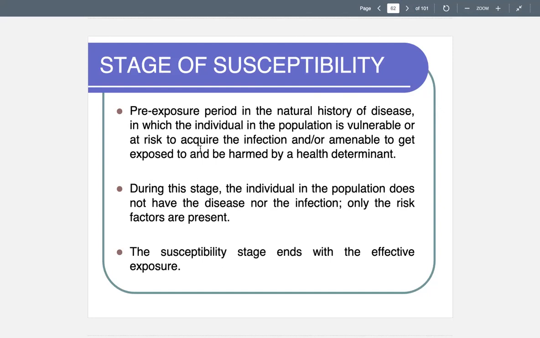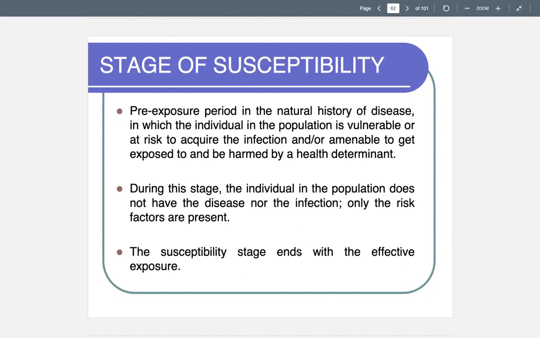Kaya stage of susceptibility, maaaring ma-expose to a pathogen. During this stage, the individual in the population does not have the disease or walang infection, pero nandun yung factor na baka sila ay ma-expose to the infectious agent. Maaaring nasa environment tapos ma-expose sila. Kaya stage of susceptibility.